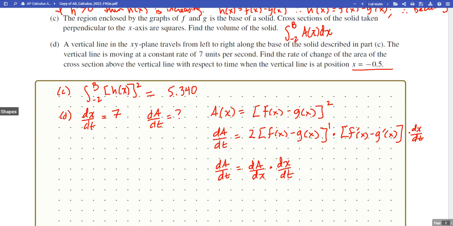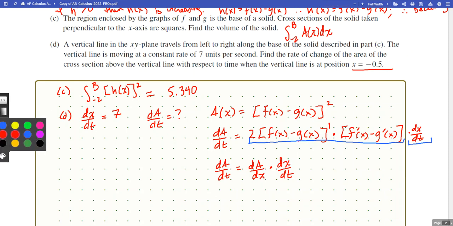In this form, we can see that this here is the rate of change of area with respect to x, and then we have the chain rule application of the rate of change of x with respect to time.